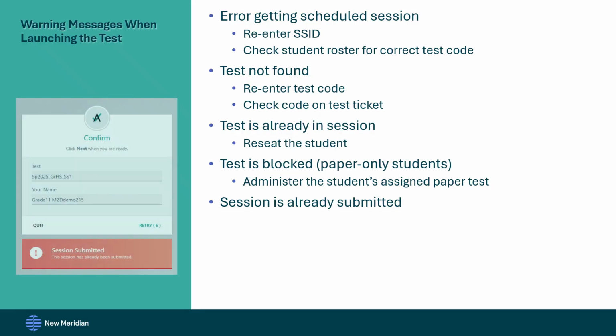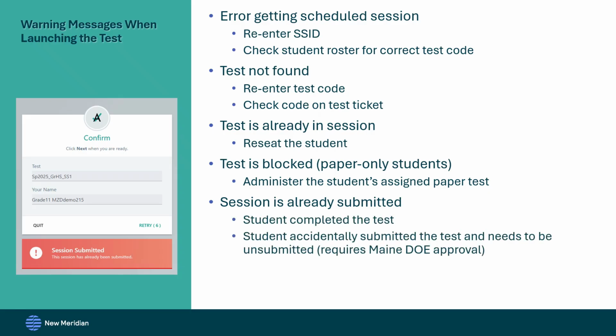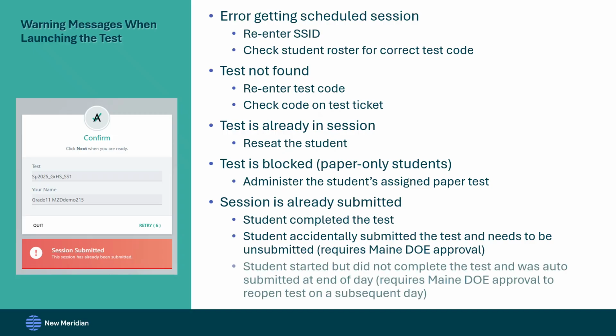If the message indicated the session is already submitted, then the proctor should check to see if one of the following conditions is true: that the student did already complete the test session, or that the student accidentally submitted the test session, or that the student started but did not complete the test session and the session was auto-submitted at end of day. All incomplete sessions auto-submit at 11:59 p.m. each day. Unsubmitting an assessment session requires Maine Department of Education approval.